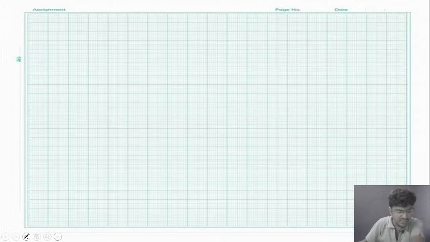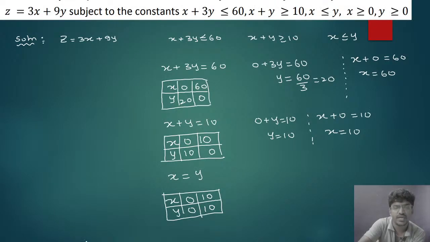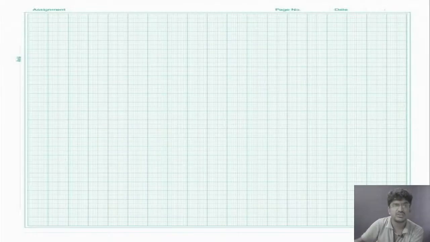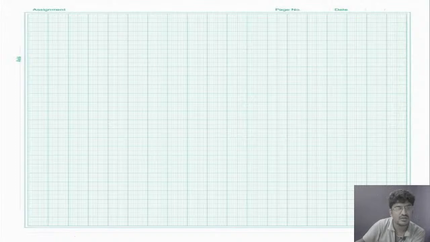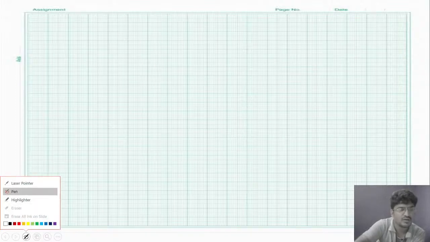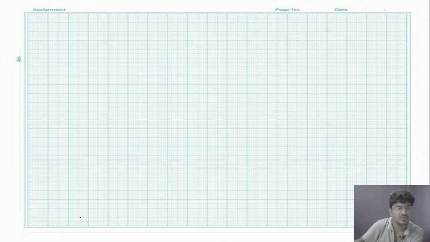Okay. See the graph. I am going to divide the graph by looking at your points. You can see you have 0, 10, 20, 60, and so on. I will take the points. Origin point is 0.